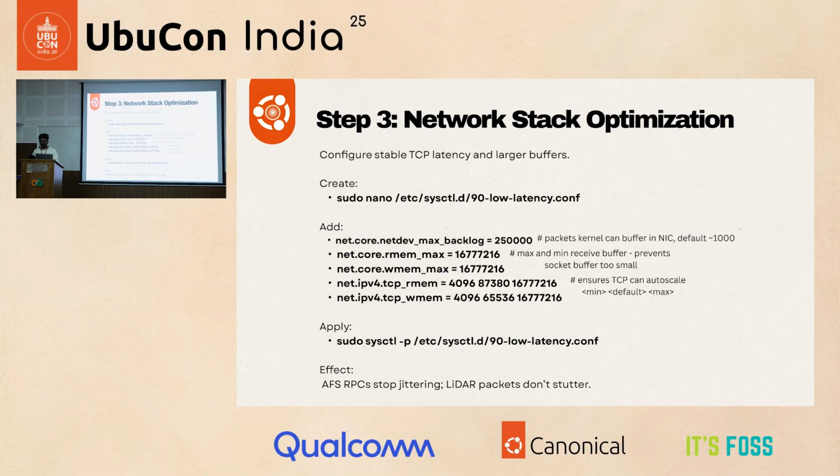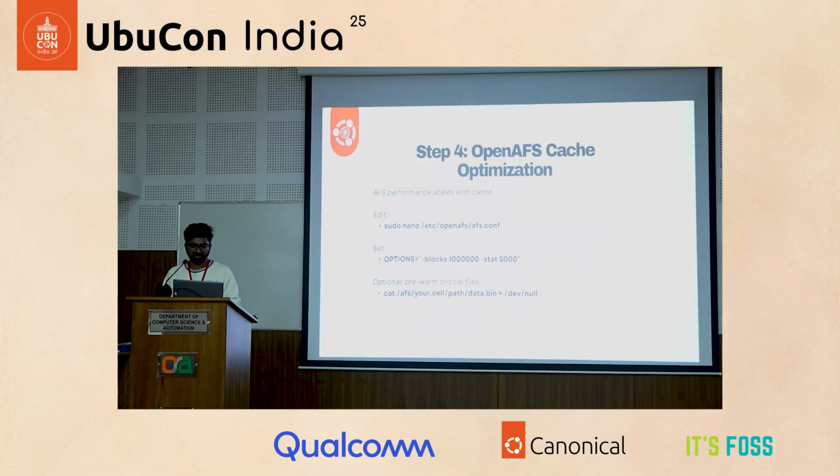We ensure TCP can auto scale. These values, 4096 87380 and 16 megabytes, are the minimum, default and maximum values. We'll apply the config file, and we expect the network optimization to take effect.